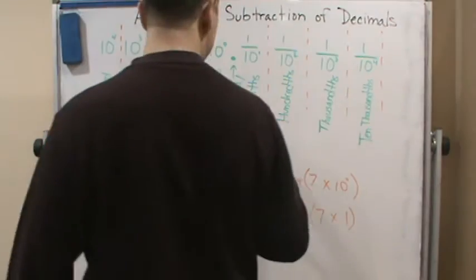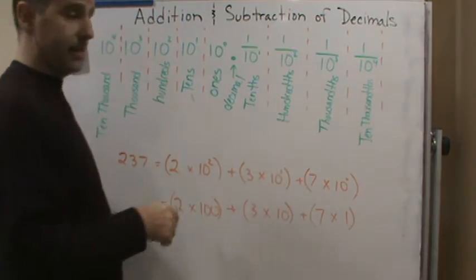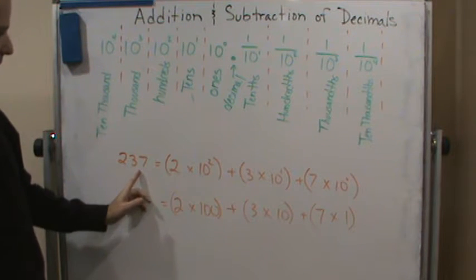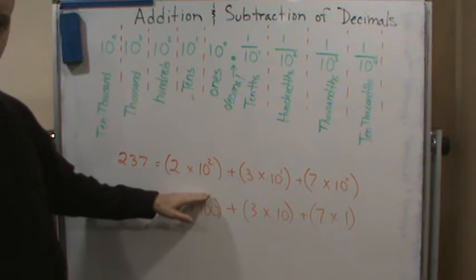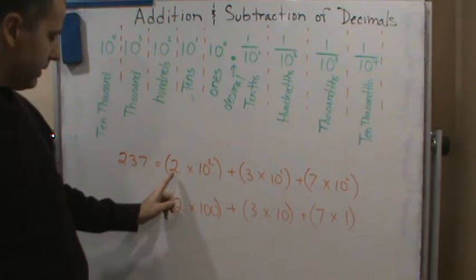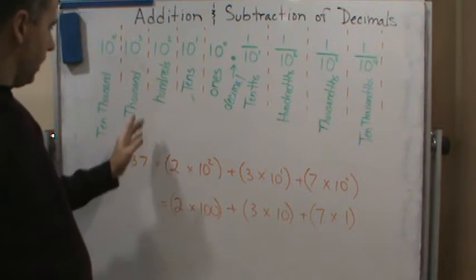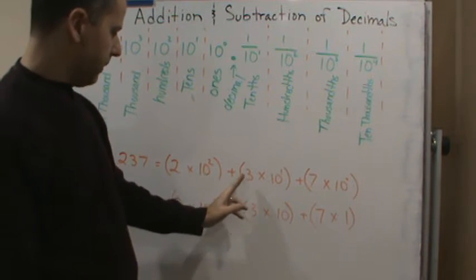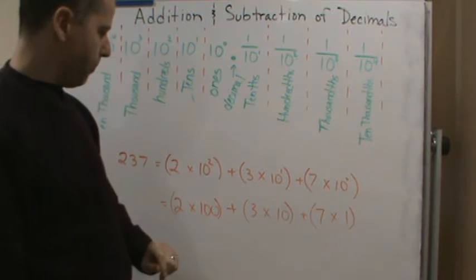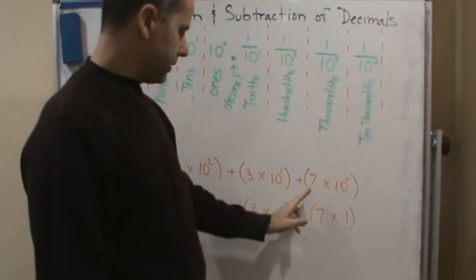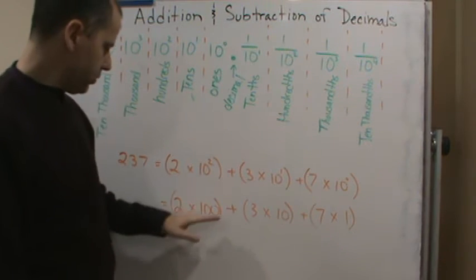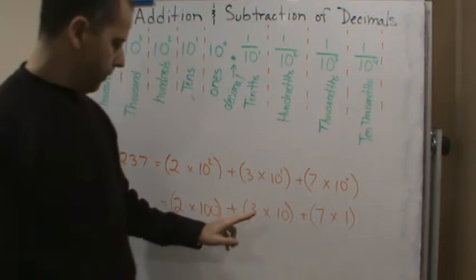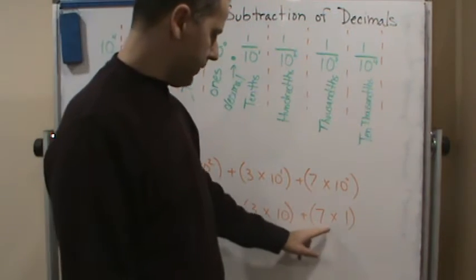To get this side, instead of multiplying by powers of 10, as you see down here, 237 can be written in exponential form as 2 times 10 squared, because 2 is in the hundreds place, plus 3 times 10 to the first power, plus 7 times 10 to the 0 power, which reduces to 2 times 100, 3 times 10, 7 times 1.